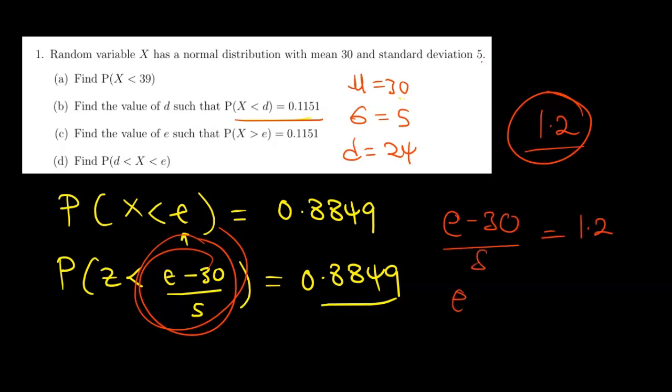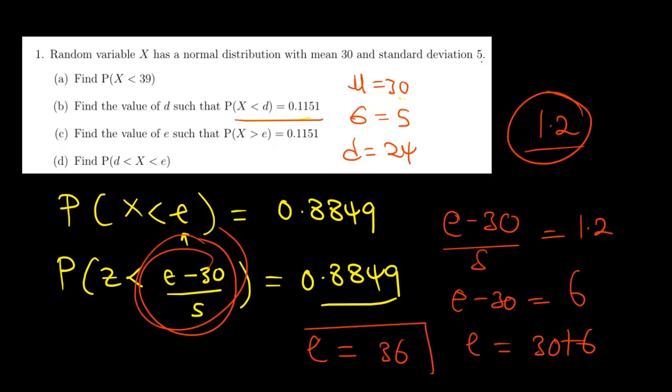So this will be e minus 30 is equal to 1.2 multiplied by 5. I'm going to get 6. Then e will be equal to 30 plus 6. So it means e will be equal to 36. Okay, so we found our e to be 36, our d to be 24.